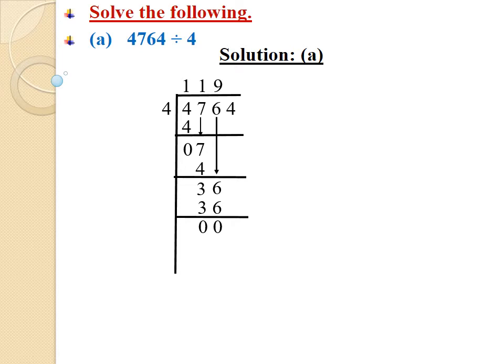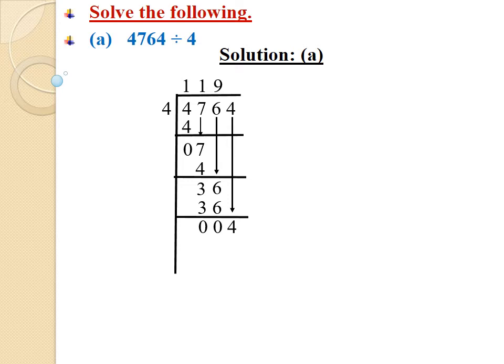Students, 0 is not divisible by 4. So we have to bring down the next digit 4, and we have to write 4 after 0. Thus the number becomes 4, as 004 is 4.